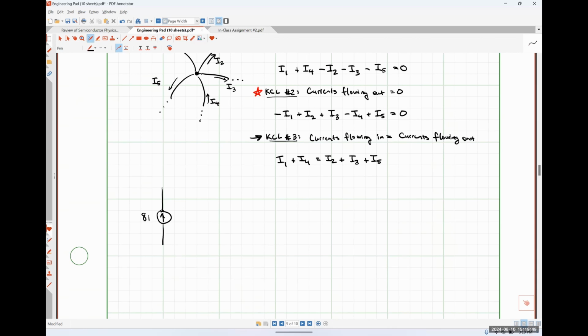Let's say that we have an 8 amp source, an arbitrary element A like so, that has 1 amp of current flowing down, a 2 amp current source with direction down, and then element B over here on the right.